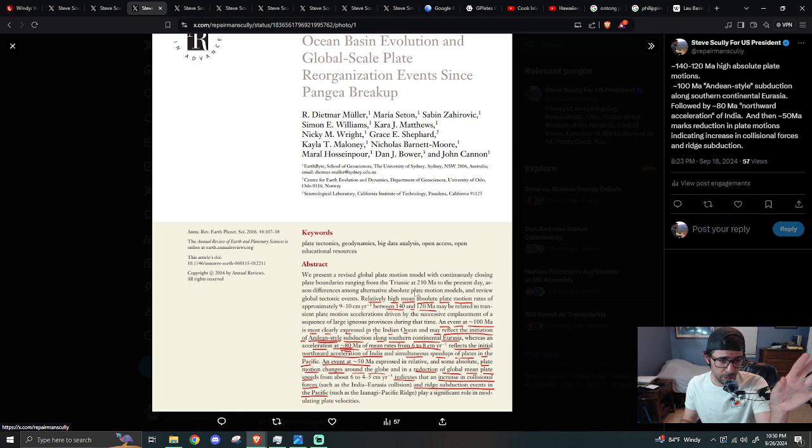So there's this period of just high acceleration of plate motion, high absolute plate motion, notice 9 to 10. And then an event at 100 million is most clearly expressed in the Indian Ocean and may reflect the initiation of Andean-style subduction along southern continental Eurasia.